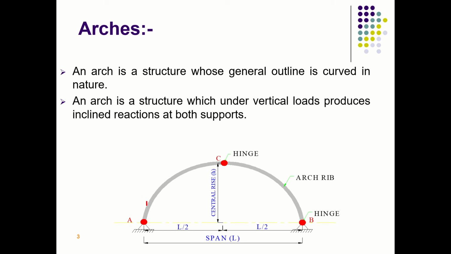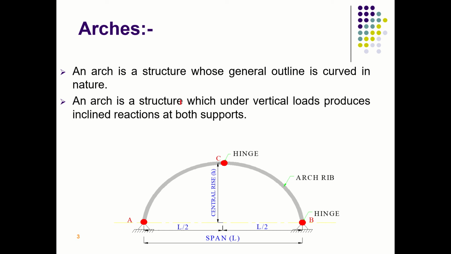In cables, the cable that was subjected to point load was also considered as a straight object between two loads. However, the cables that were subjected to UDL were only considered as parabolic or semicircular.